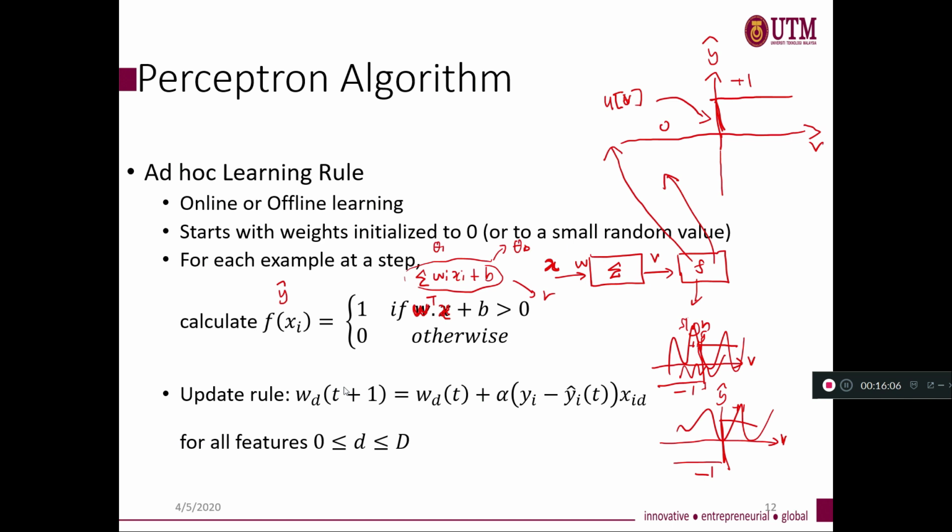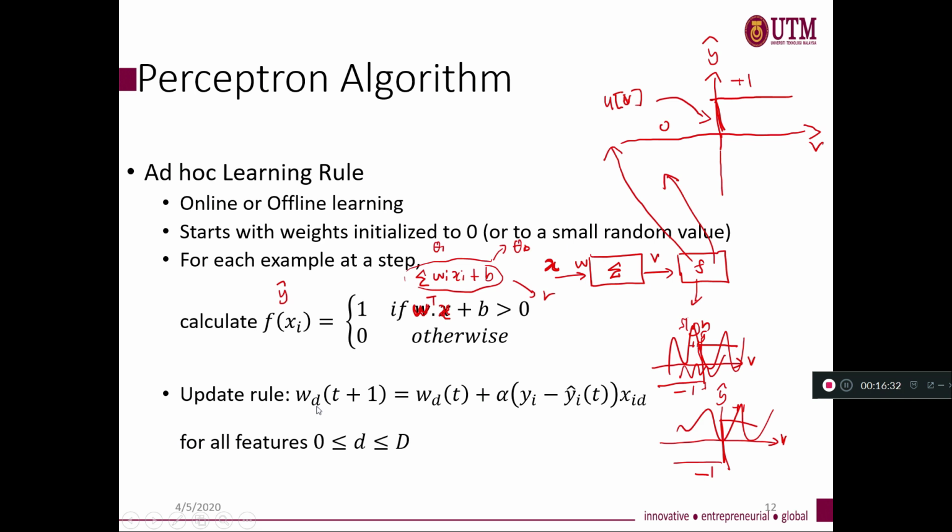But of course, to update the W, you have the learning rate and the input X there, and then this is the error, the difference between the actual output and the predicted output. Then you update all W there, because you have d-dimensional inputs.